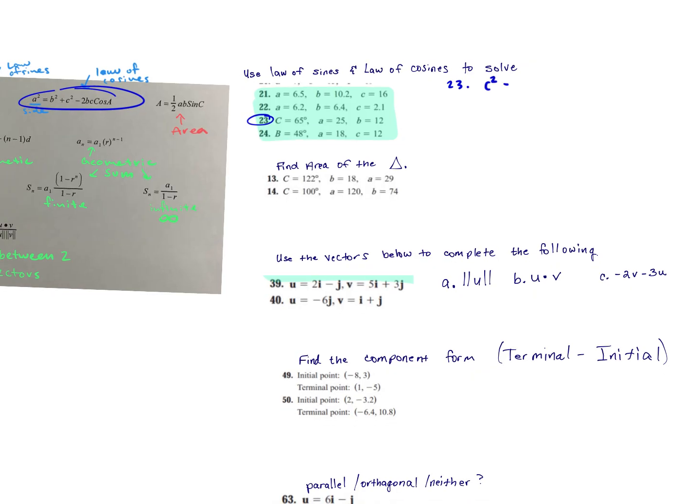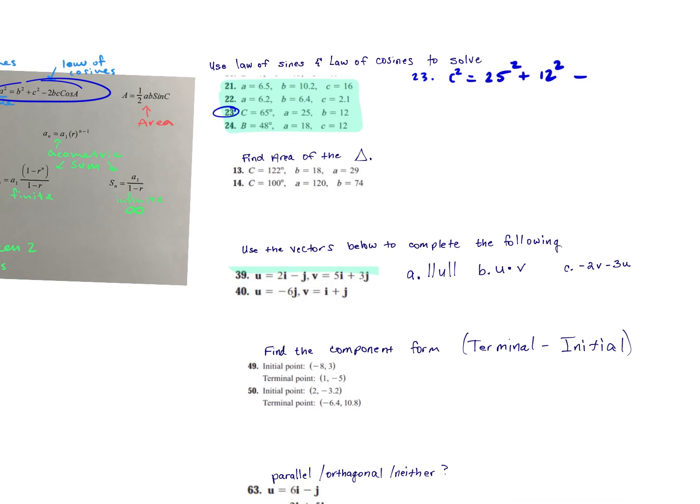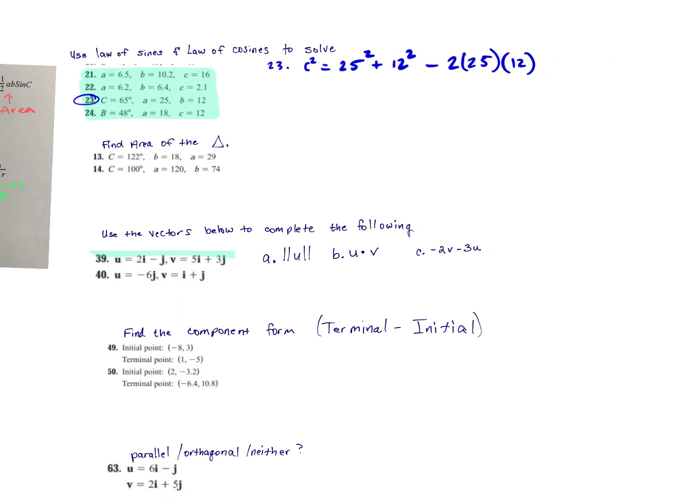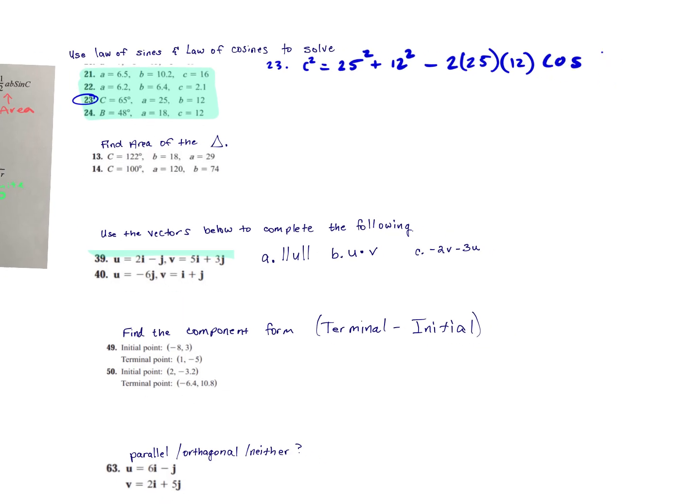We're going to find C squared equals A squared, which is 25, plus B squared, which would be 12 squared, minus 2 times A times B times the cosine. So minus 2 times 25 times 12 times cosine of C. The angle is 65, so make sure your calculator's in degrees.